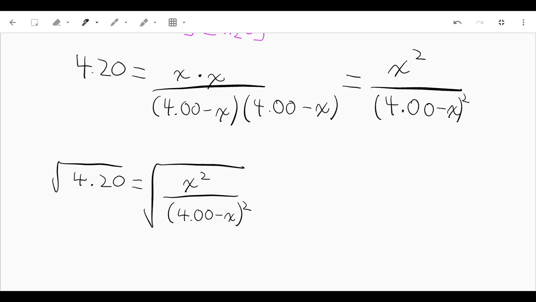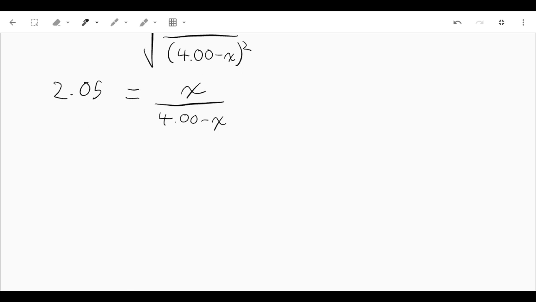So taking the square root of both sides is going to get rid of those squares that we have on the right-hand side. That's going to turn this then into 2.05 is equal to x over 4 minus x. Much easier to solve than trying to use the quadratic formula.